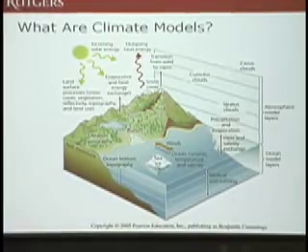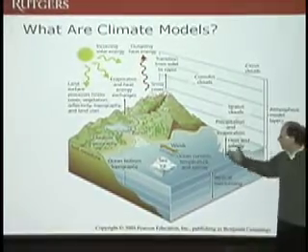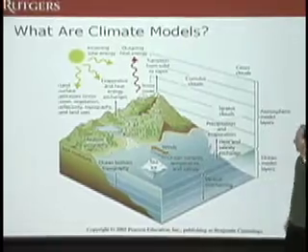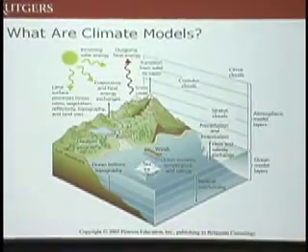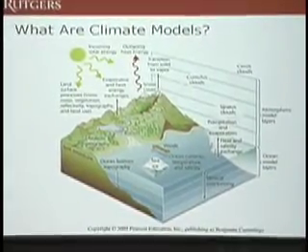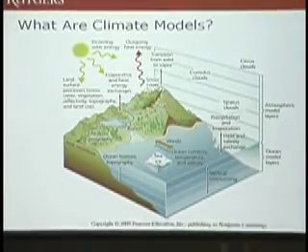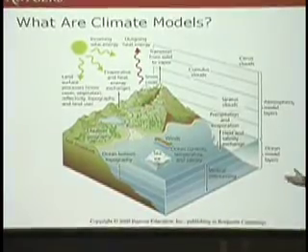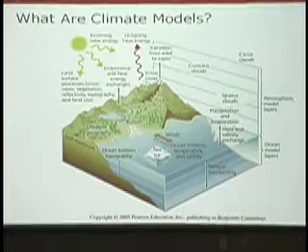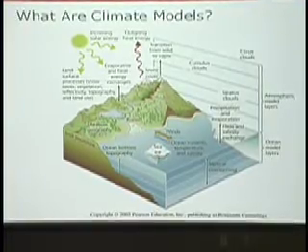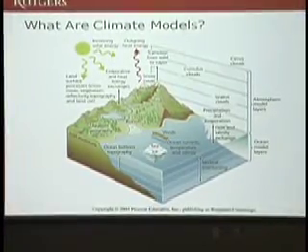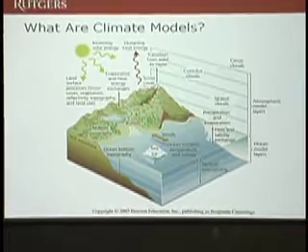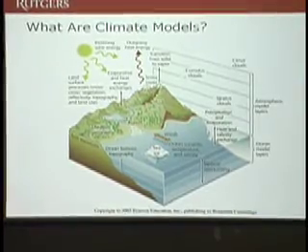But in other cases, our understanding is still developing, and so we have to try to include those processes as best we can. We do that. We write these complicated computer programs. We run them on very powerful computers. In fact, many of the most powerful computers in the world are dedicated to the task of running climate models.